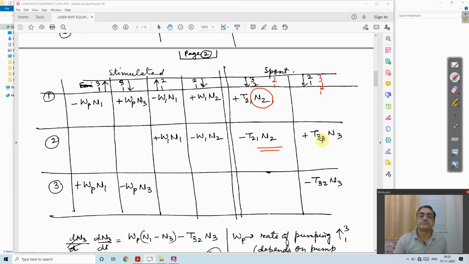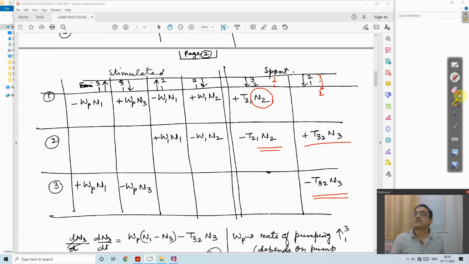Similarly, during 3 to 2, it is being populated, and by the same process it is being depleted. Level 3 is being depleted.